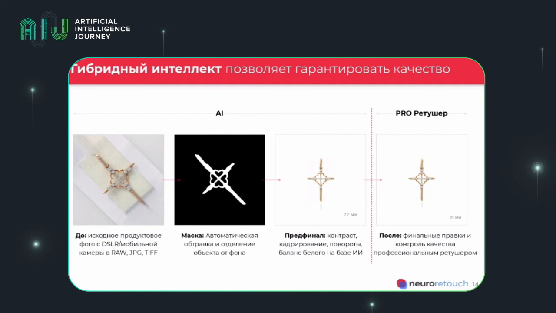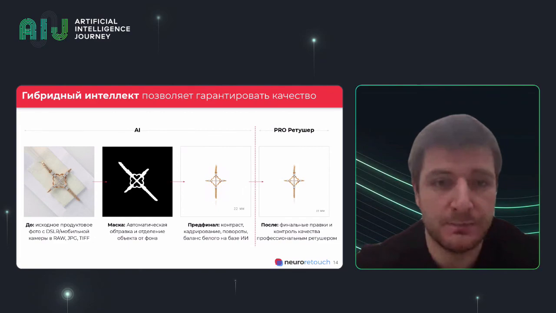That's why we propose a hybrid model where like 95, 98, maybe 99% of all the retouching is done by AI, but the little nuances, the little polishing touches are still added by professionals, and it is the finalized pictures that the clients eventually get so that they can publish them in their catalog.